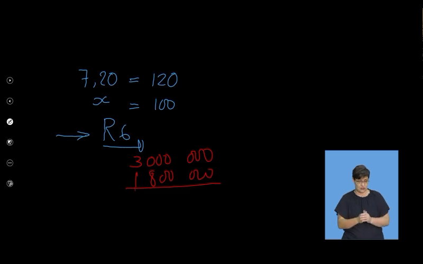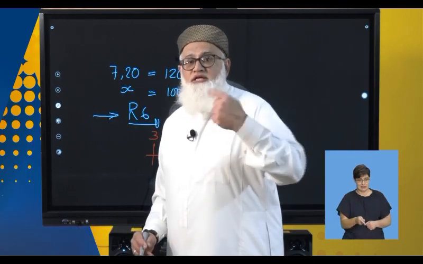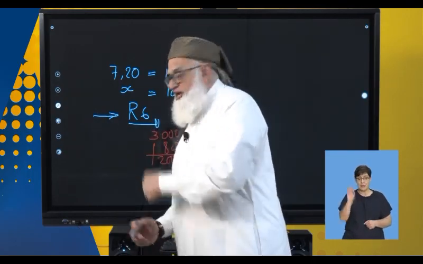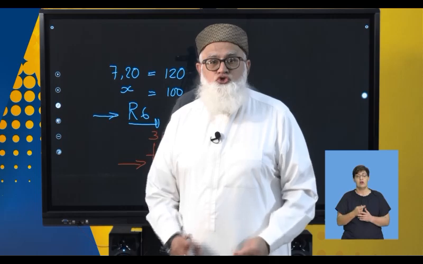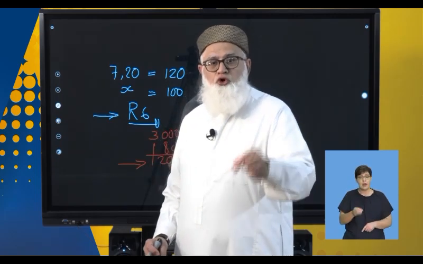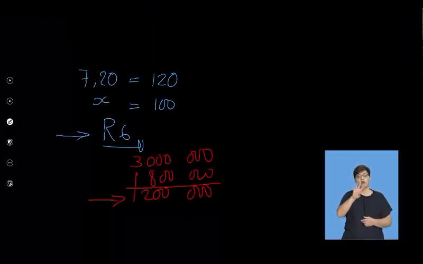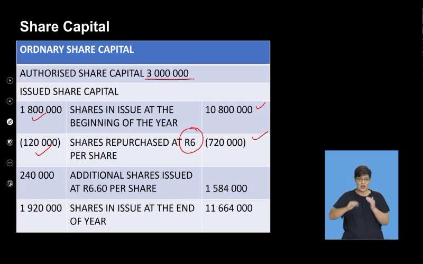That left me with 1,200,000. Those were your unissued shares at that point. Now what did we do? We sold 20% of these shares. Which ones? The 1,200,000. Therefore, 20% of 1,200,000 will give you 240,000, which is the new shares that we are selling. There we go, 240,000 shares. And obviously the price was given to you.